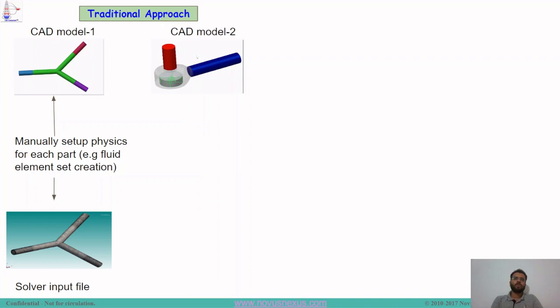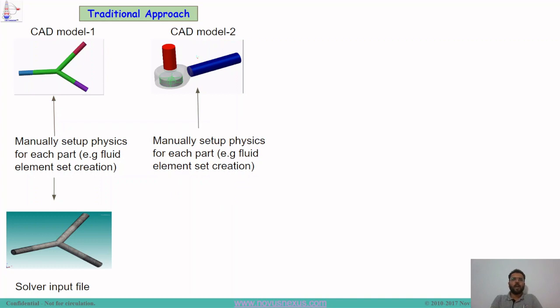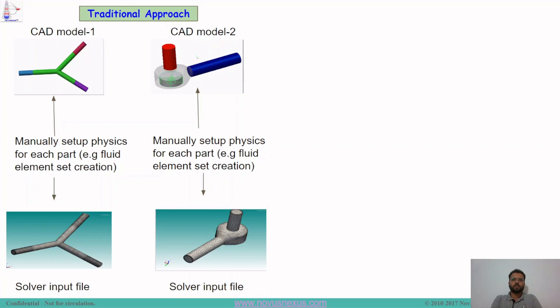Here also the user needs to define more or less similar boundary conditions or cell zone conditions with slight change. Then again he has to repeat the process, manually set up the physics for each part, and run the simulation. So if there are n number of different CAD parts, then the user needs to manually set up the physics for all those CAD models and run the simulations.